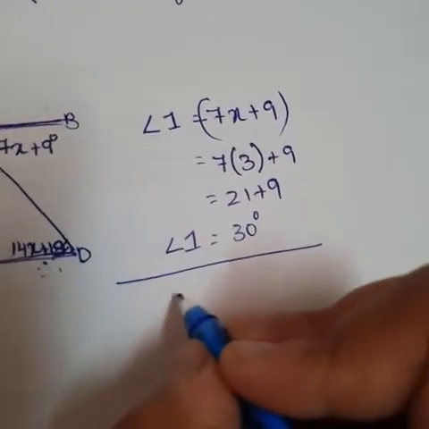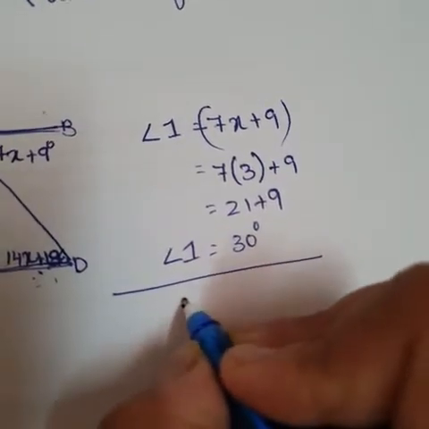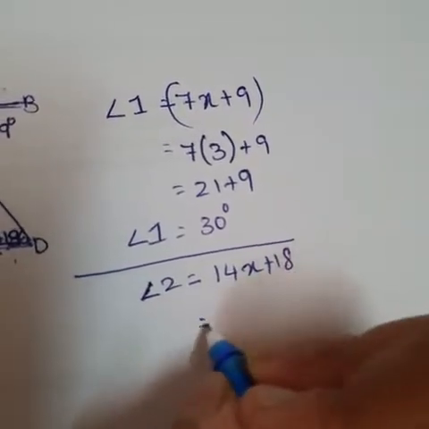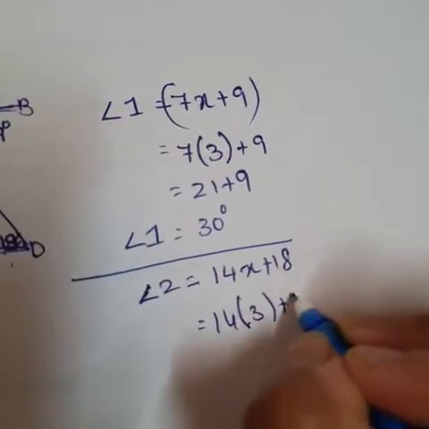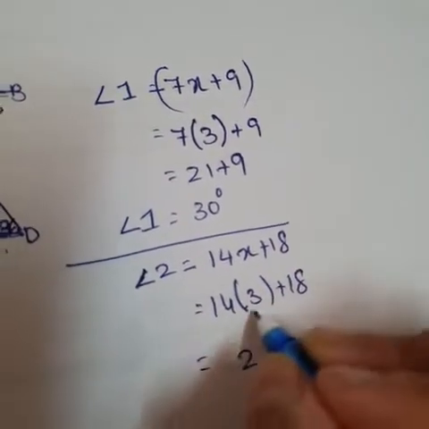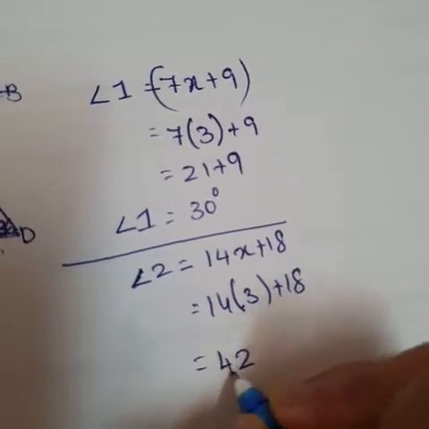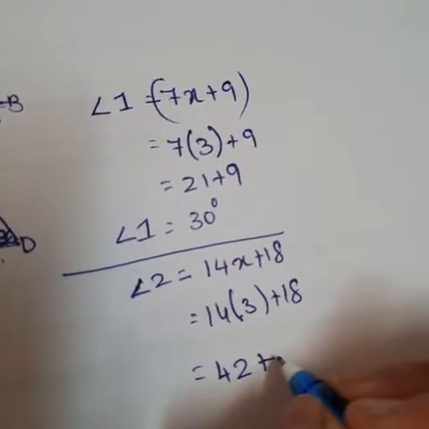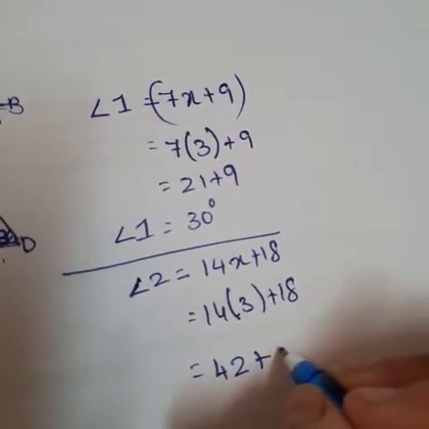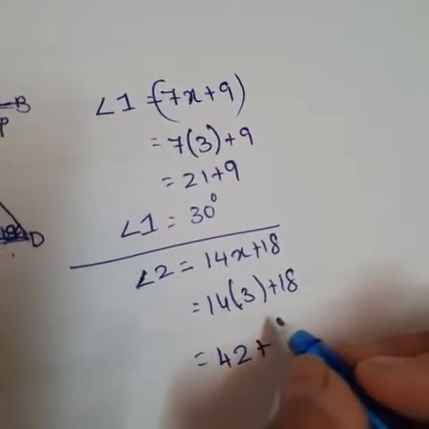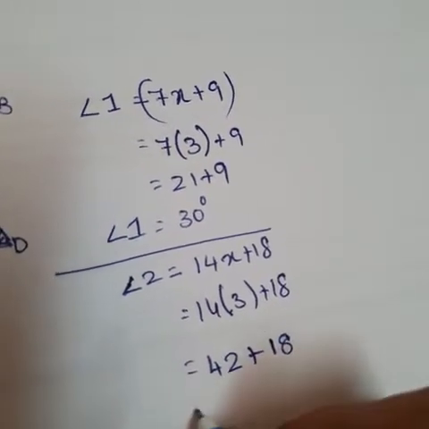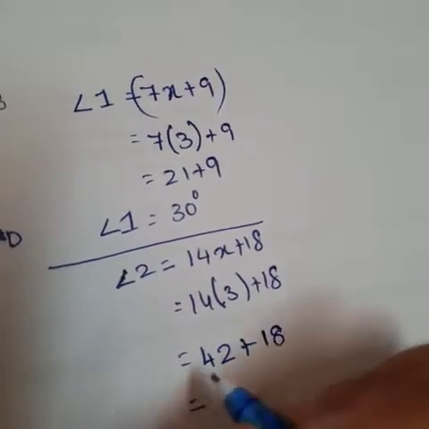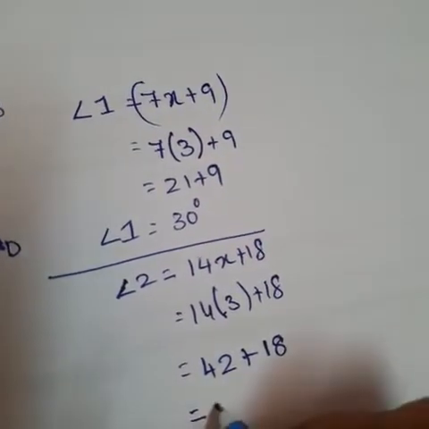Let's find out what angle 2 is. Angle 2 was 14x plus 18. So 14 multiplied by 3 plus 18 is 42 plus 18, that is 60 degrees.